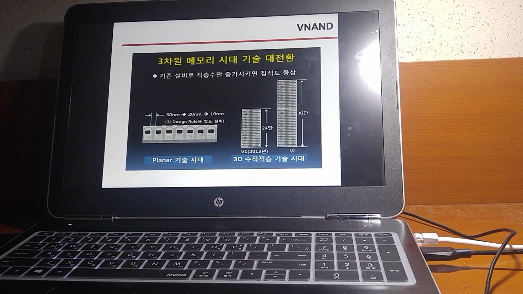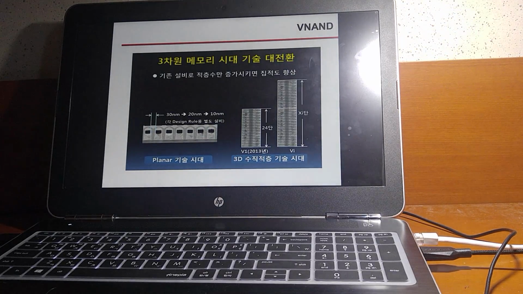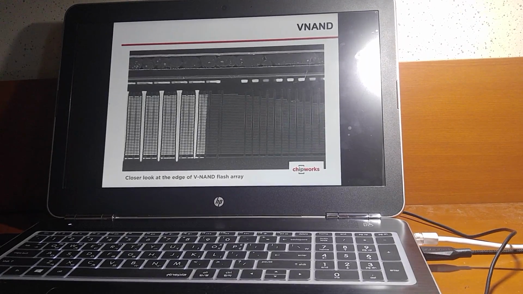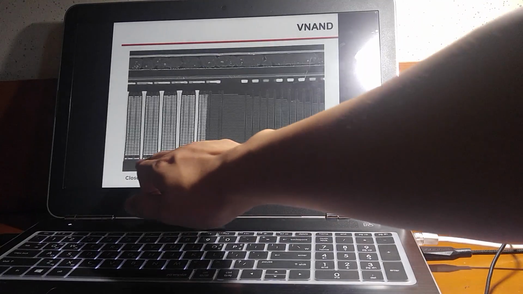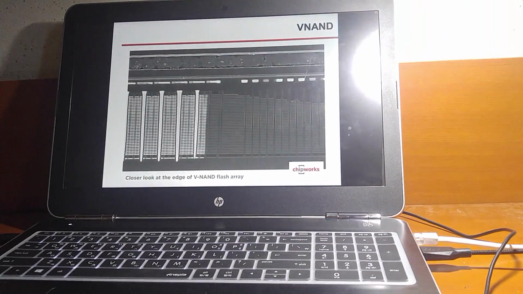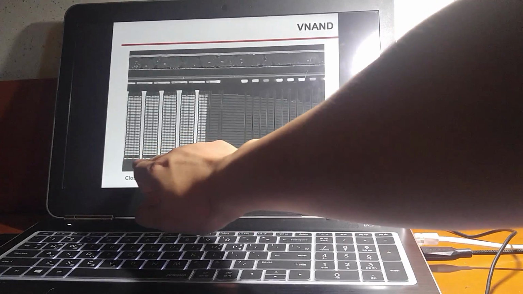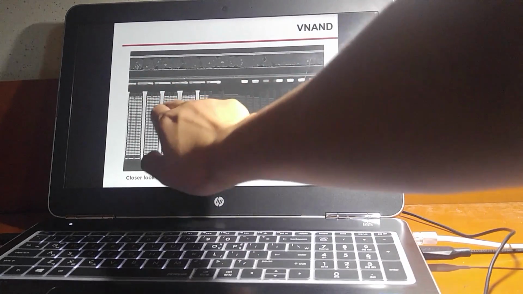And yes, it improves the controllability by stacking in the vertical direction. And the white line is polysilicon, and this part is source, and this part is drain.